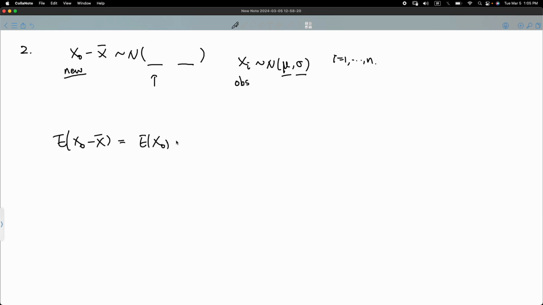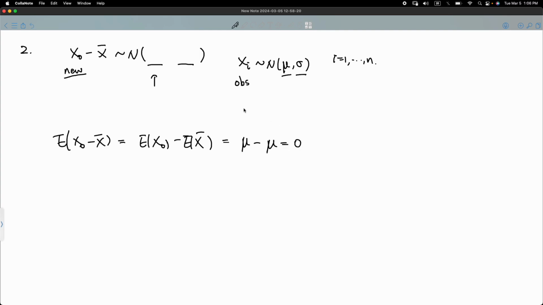I'm not sure how detailed this is required, but the expected value for the new observation x0 should be mu, and the expected value for x bar, which is the average of the samples also coming from this normal distribution, is also going to be mu.